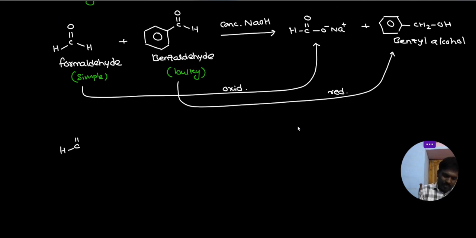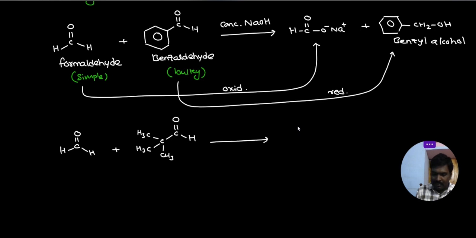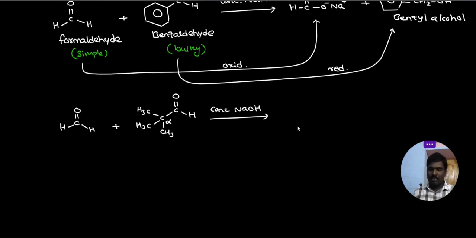Second example, formaldehyde with the other aldehyde. This is the bulky aldehyde because an alpha carbon is there, but there is no alpha hydrogen. Formaldehyde has no alpha carbon, no alpha hydrogen.